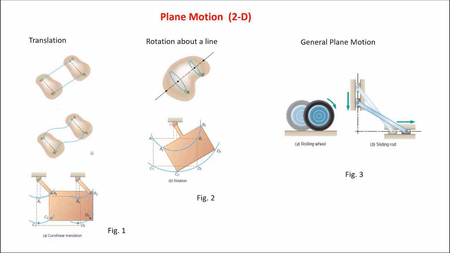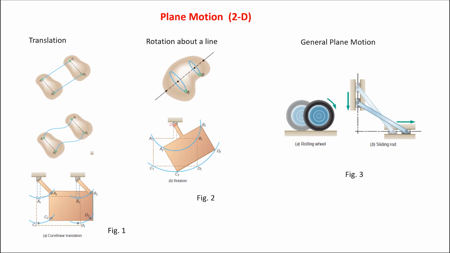In 2D, it can be classified as, first, simple translation. As I said, each slice of the body is moving in the xy plane or parallel to the xy plane itself. Interestingly, in translation the orientation of the body remains parallel, but each particle will execute a certain path.